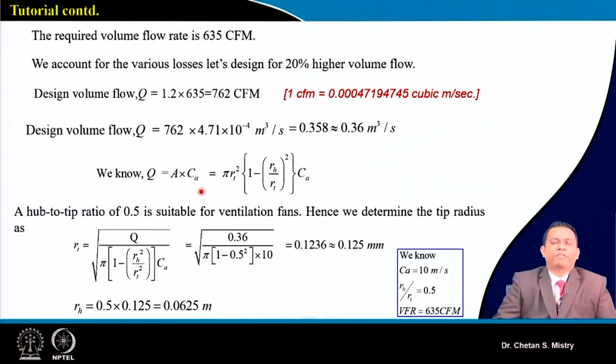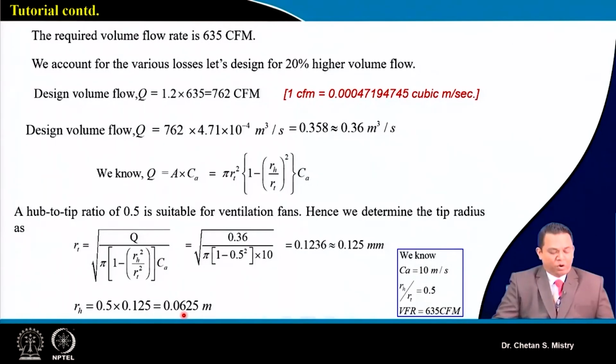Sometimes if the dimension of the motor is known, we can decide our hub diameter based on that. Here nothing is mentioned in that specific way, so we will consider the hub to tip ratio as 0.5, and putting that in, my hub diameter comes to 0.0625 meter. We are talking about small dimensions.